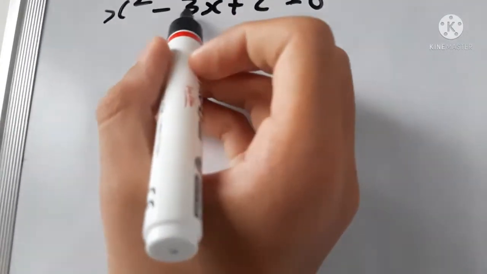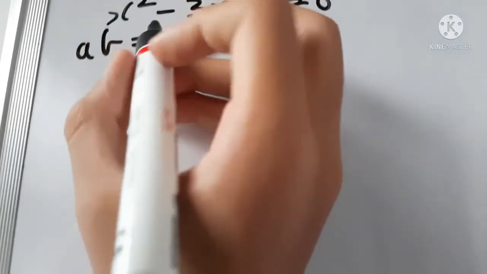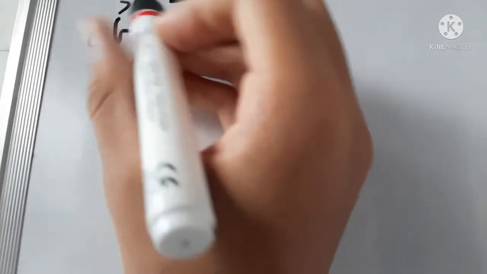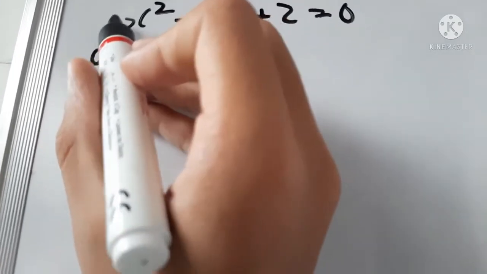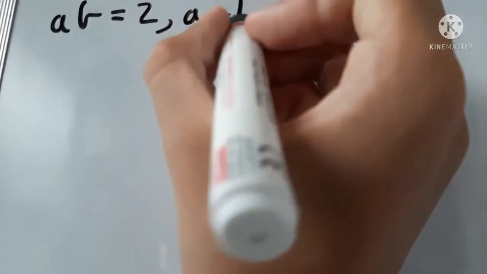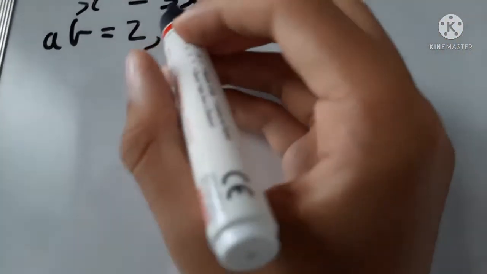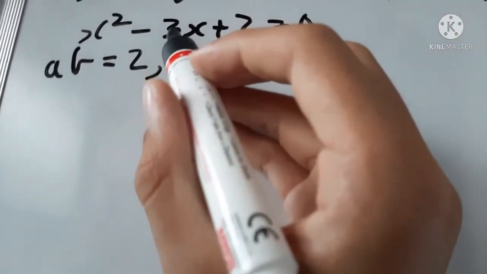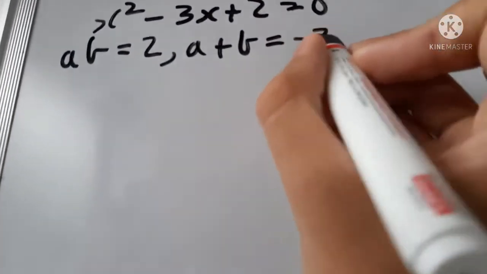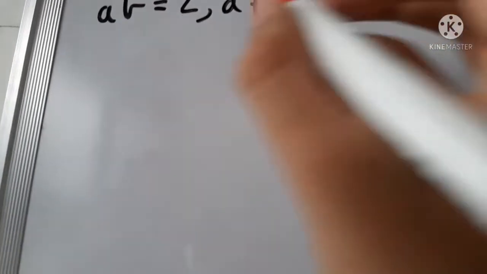We have to find two numbers a, b such that their product is equal to 2 times the coefficient of the x squared term, but that's 1, so we just ignore that, and a plus b, their sum, is equal to the coefficient of the x to the first power term.